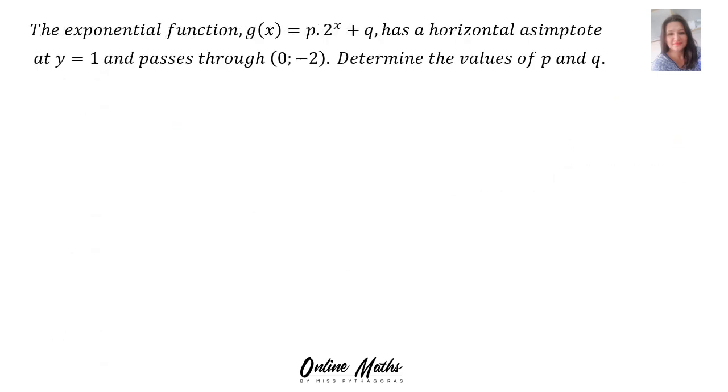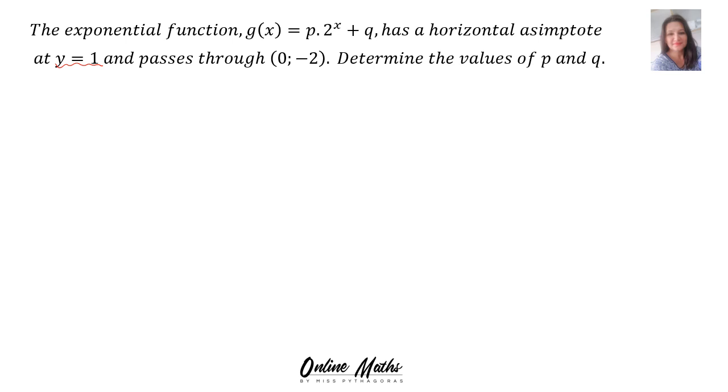The exponential function g of x is equal to p times 2 to the x plus q has a horizontal asymptote at y is equal to 1. This is a very important piece of information, and it passes through the point (0, negative 2). Determine the values of p and q.